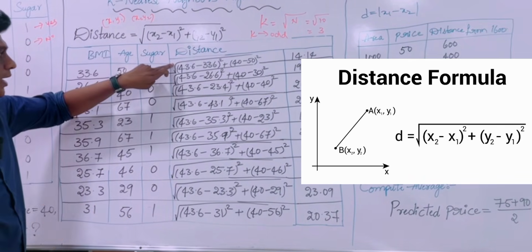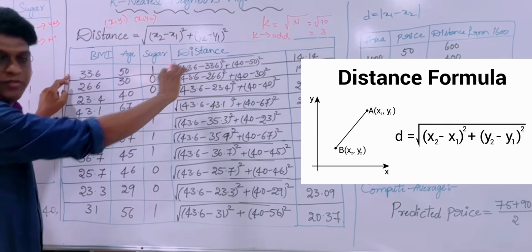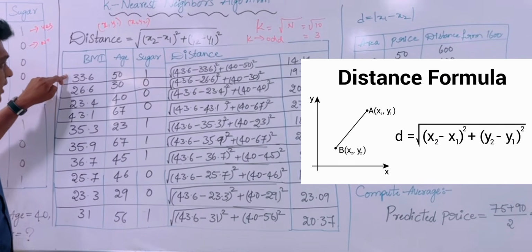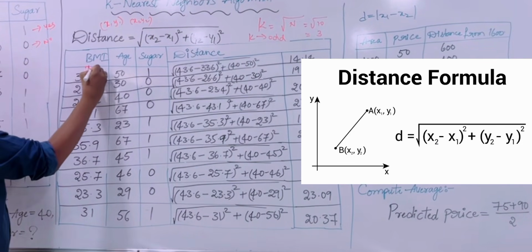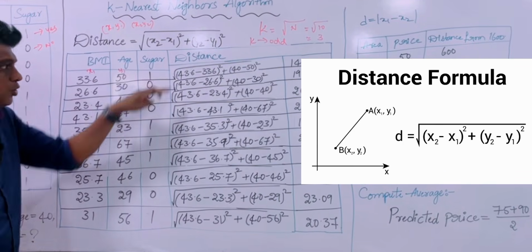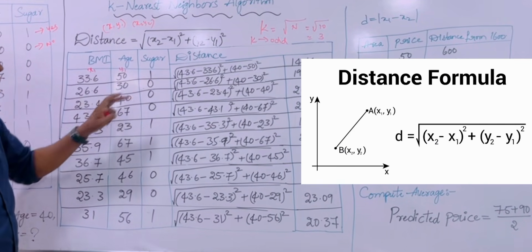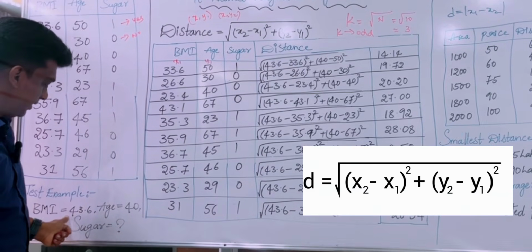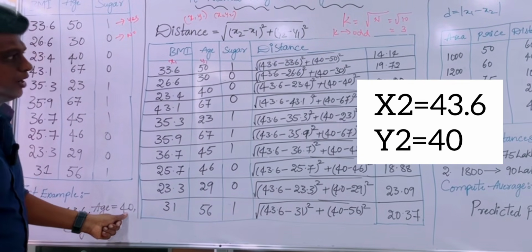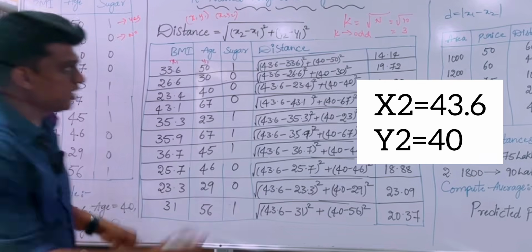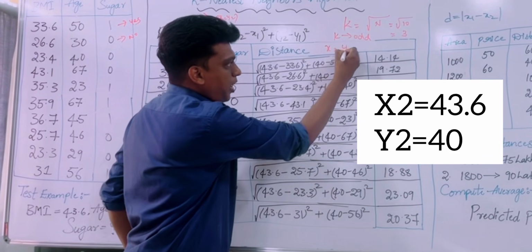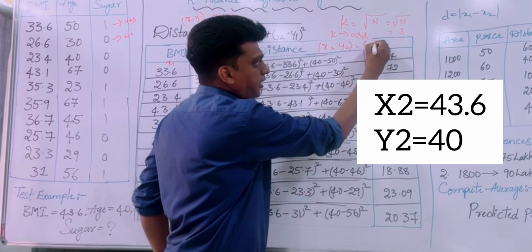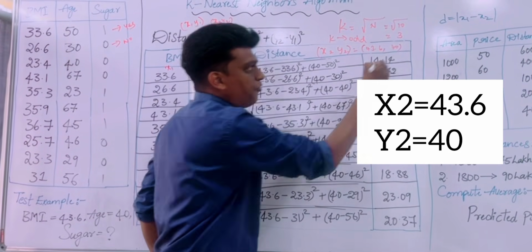In this first row we should first consider what is x1, y1 and what is x2, y2. Here it is x1 and y1, and for all the rows the testing data, 43.6 and 40, represents x2 and y2. So x2 and y2 are common for the whole problem, 43.6 and 40.